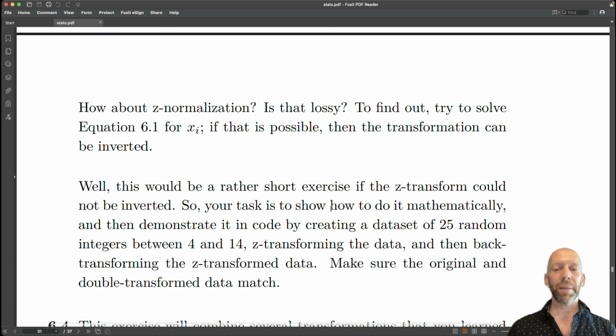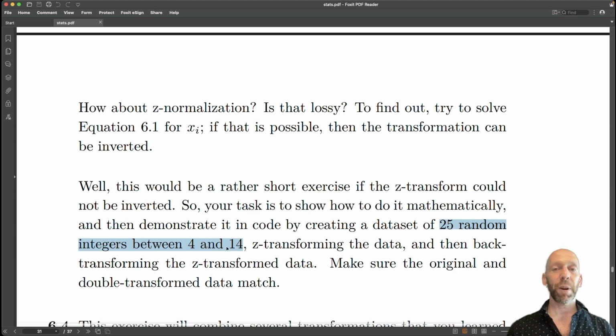Okay, so once you have the formula worked out, translate your inverse transformation into code, and then test it by creating a dataset of 25 randomly selected integers between 4 and 14, so this would be inclusive, 4 and 14, Z transform the data, and then back transform the Z transformed data.